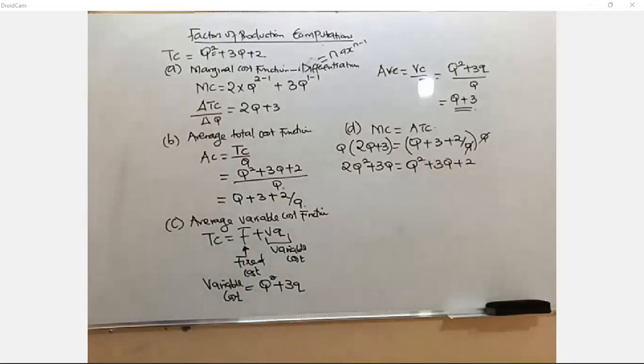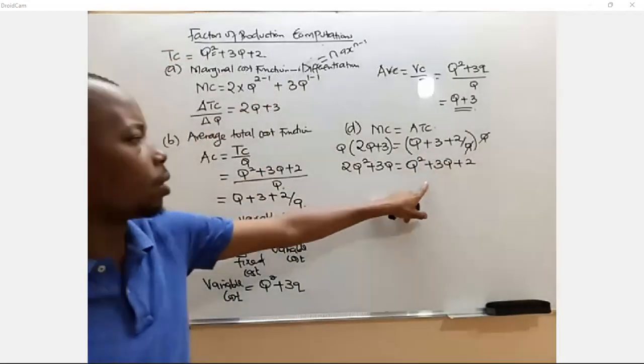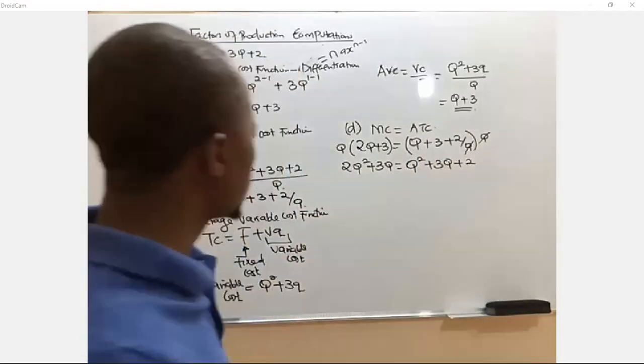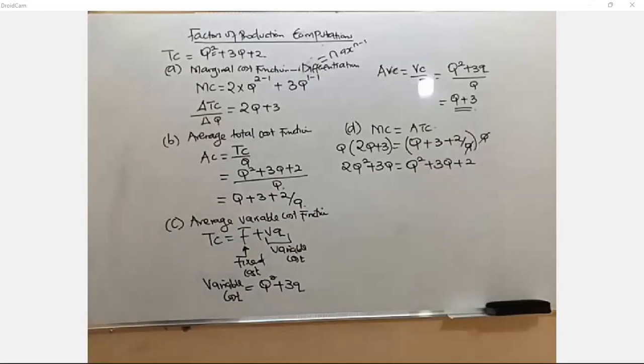It's just like doing an integration on the average total cost function, reversing the equation back to the way it was, to our original equation. In that regard, it is possible for us to get the like terms together.